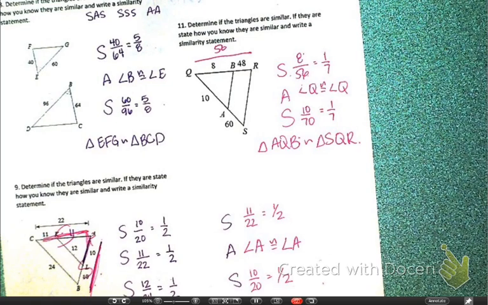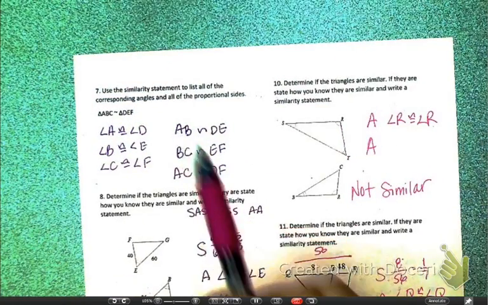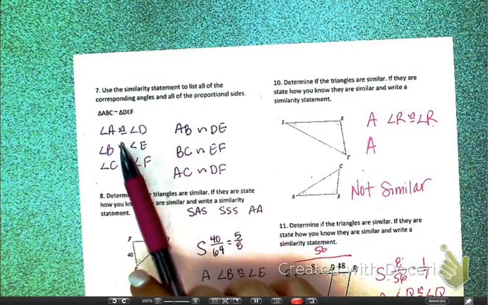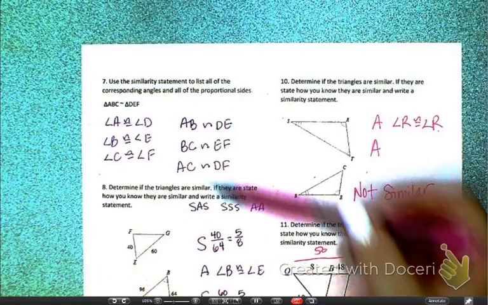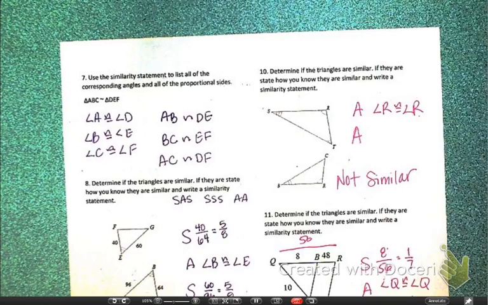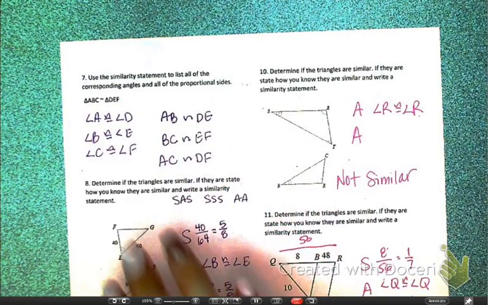Okay? You need to know how to read a similarity statement. So I won't give you a problem exactly like this where you have to fill in all the information, but I'll give you a similarity statement and say angle F is congruent to angle fill in the blank. Okay? So you know how to read it, but I'm not going to expect you to do every piece of it.